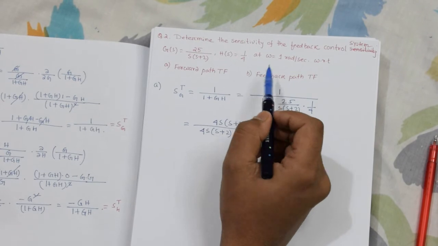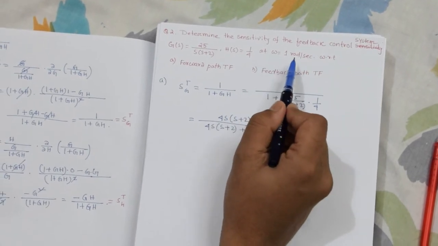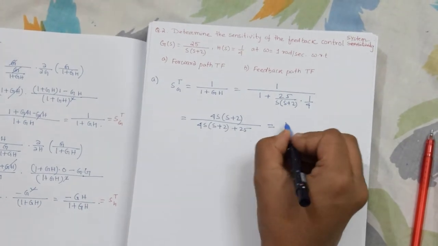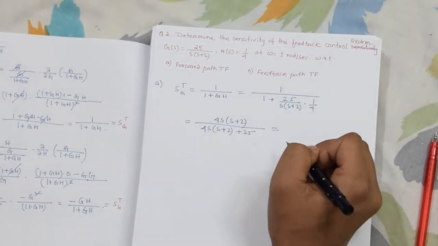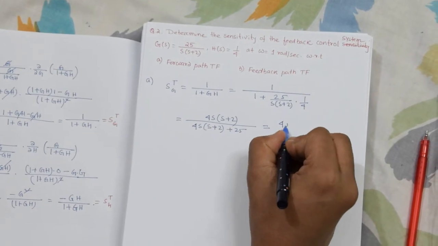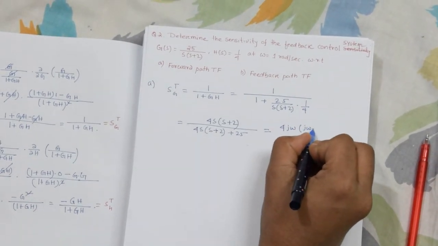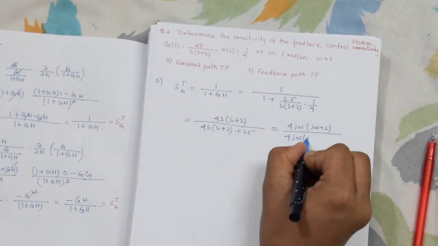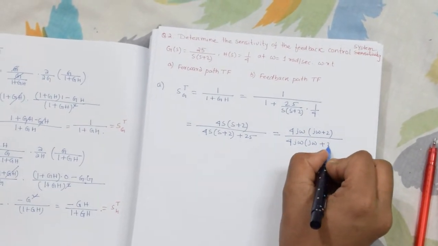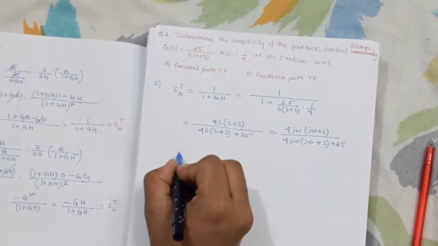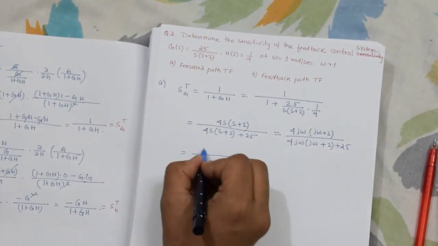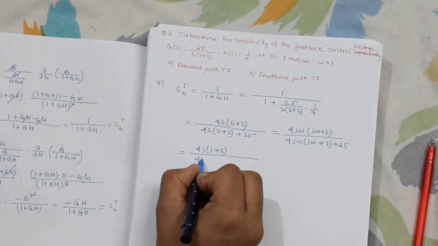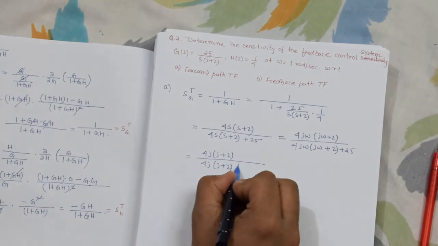Now they ask to find the sensitivity at omega equal to 1. So let us put omega equal to 1. So how to put omega equal to 1? We know that s equal to j omega. If we put here omega equal to 1, it will be 4j (j plus 2) by 4j (j plus 2) plus 25.